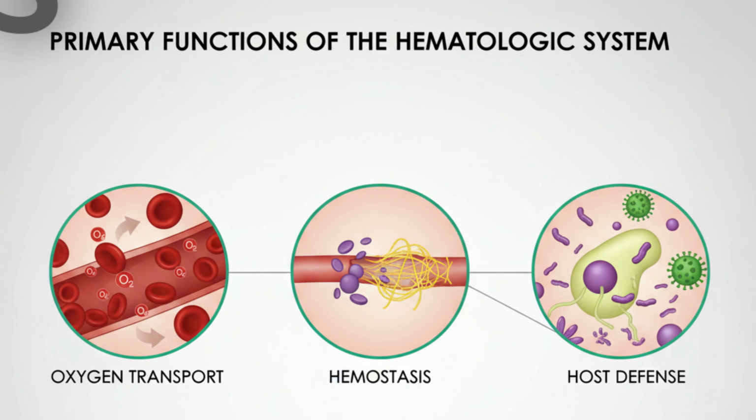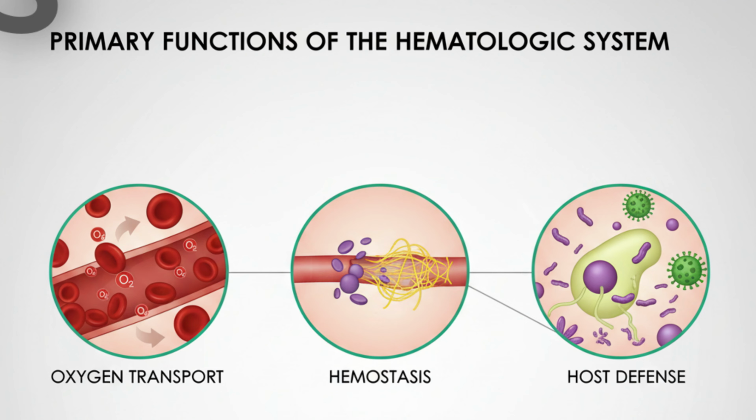Here the function of the blood system. We were talking about bone marrow, the hematopoietic tissue, the bone marrow located within long and flat bones, which are responsible for hematopoiesis, the formation of blood cells.